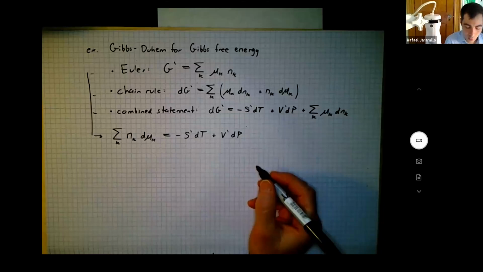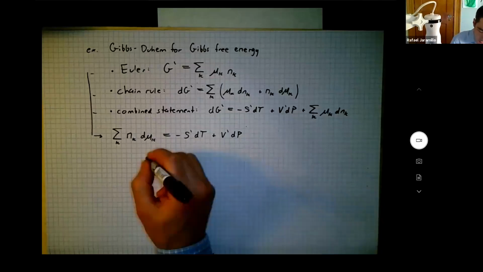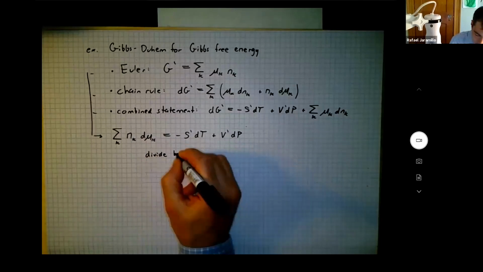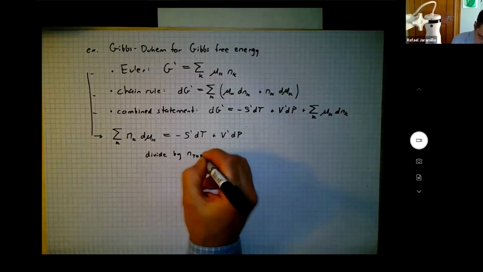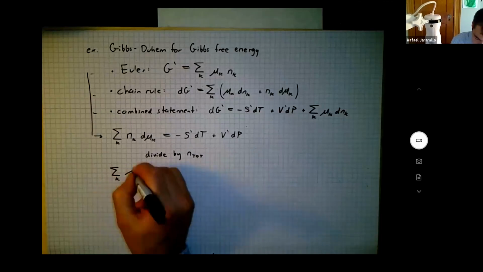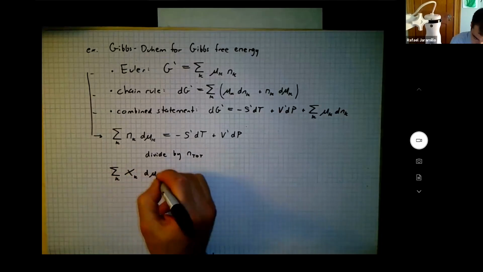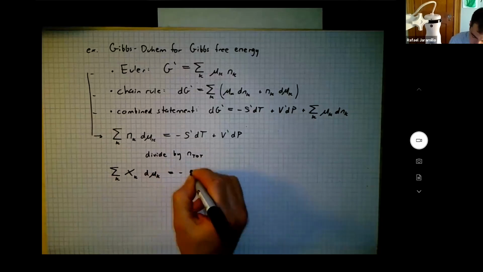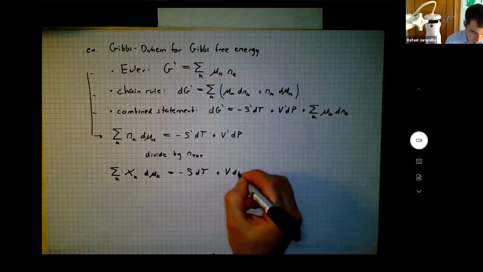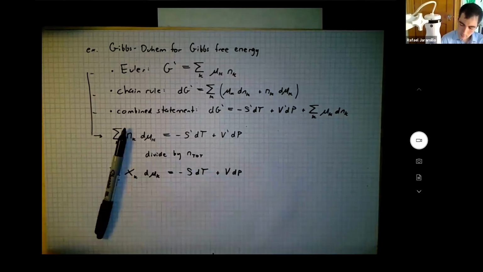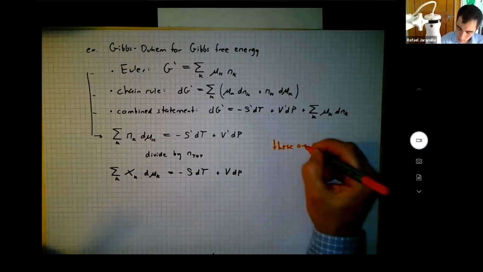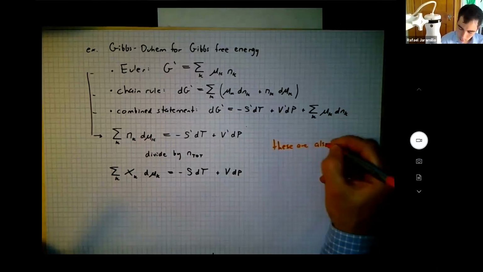Or if I want to divide through by the total number of moles, I get an equivalent statement. Mole fraction d mu of k equals molar entropy... these are also Gibbs-Duhem.